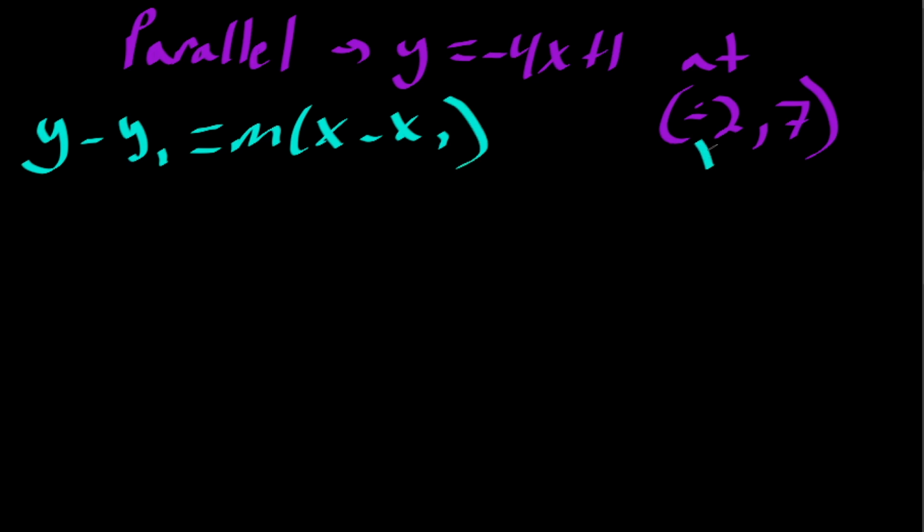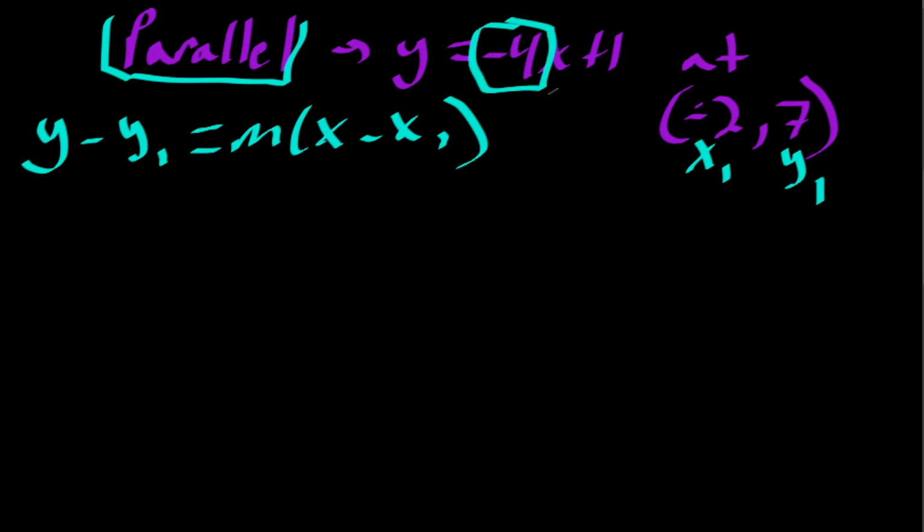We can call this point x1, y1, and then we can find the slope if we know what parallel means. Parallel means the same slope, and the slope of this line is negative 4 because it's in slope-intercept form. So our slope is negative 4, x1 is negative 2, y1 is 7.